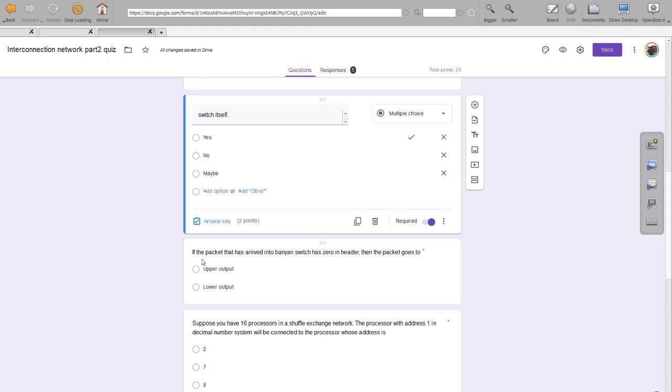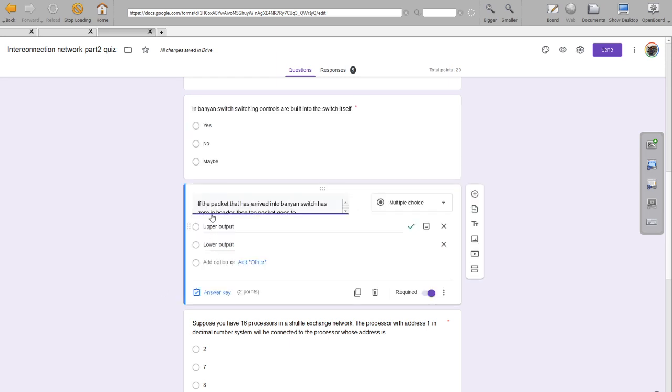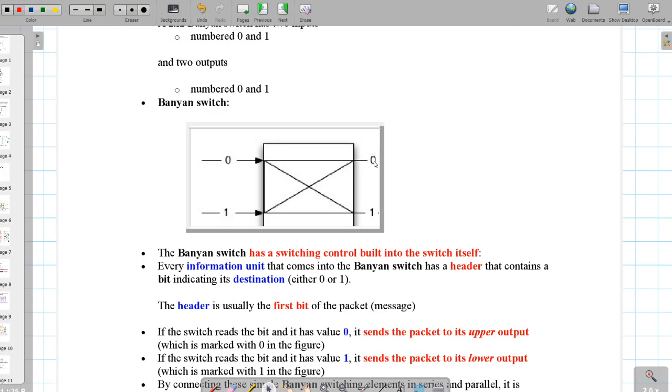Next question. If the packet that has arrived into Banyan switch has 0 in header, then the packet goes to upper output or lower output. Now again, let me go back to Banyan switch.